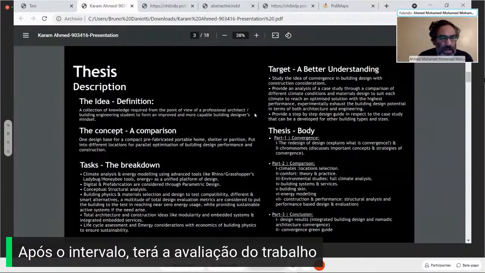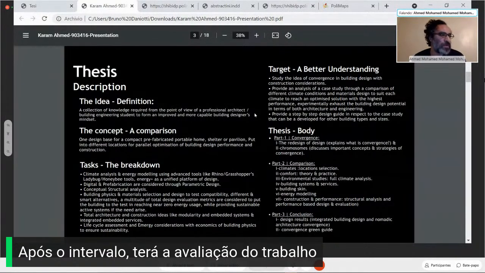This is a description of the whole body of work, the idea and the definition. It was a collection of knowledge and an extensive search, and the concept was a design concept as an open case study, put in different locations, comparing in a horizontal fashion many different criteria for building design and building engineering.